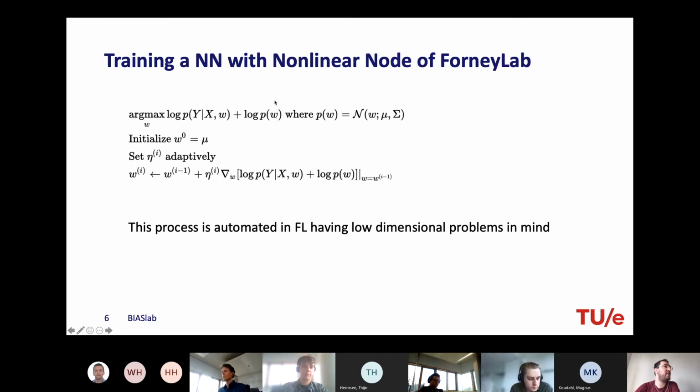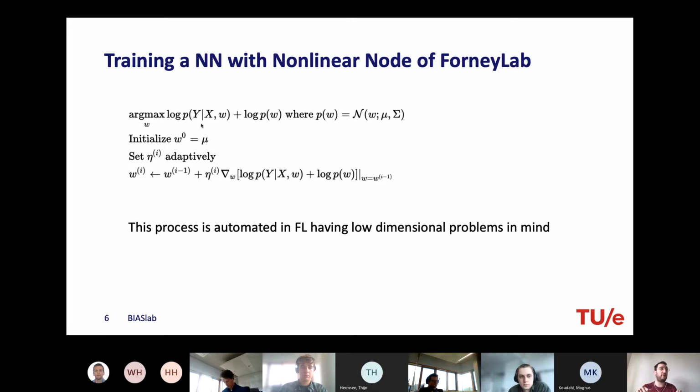If you check the messages here, this second part is the prior for W, and the first part of the objective function is the information coming from the likelihood node. And the way Laplace approximation works is the following.